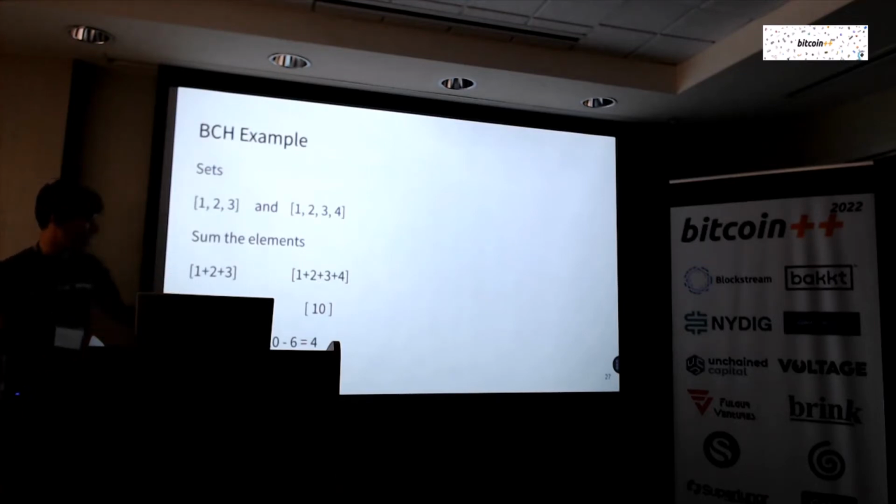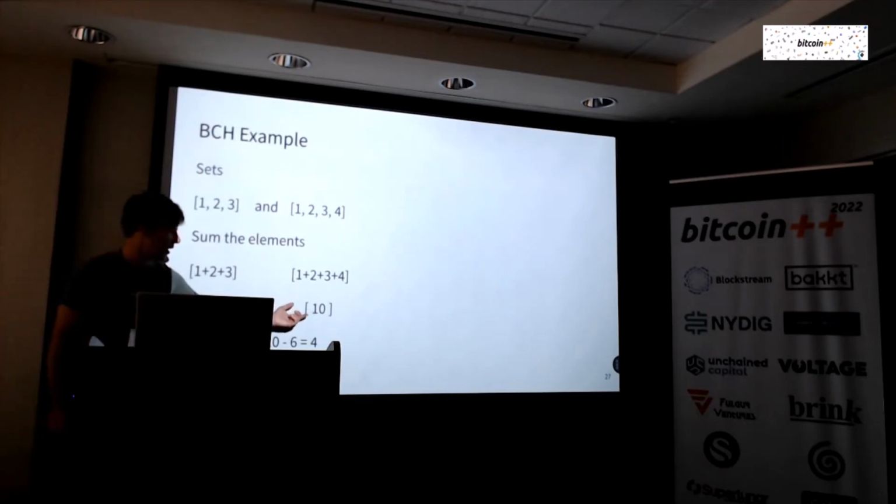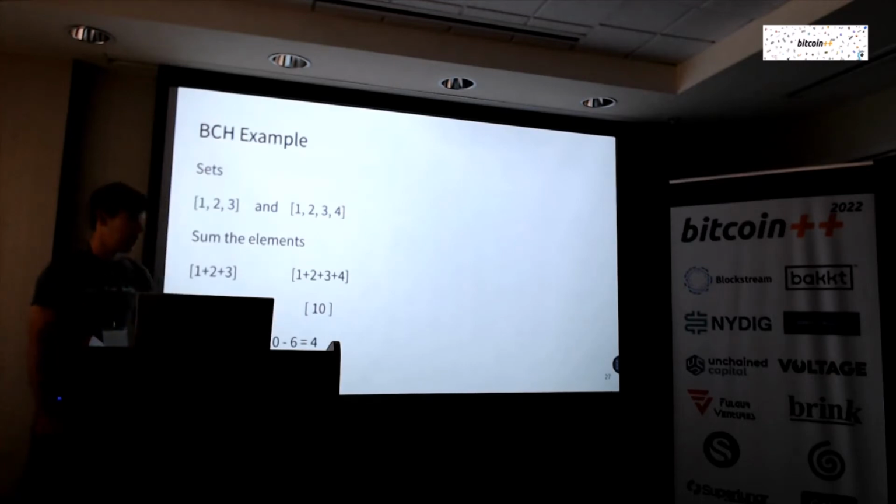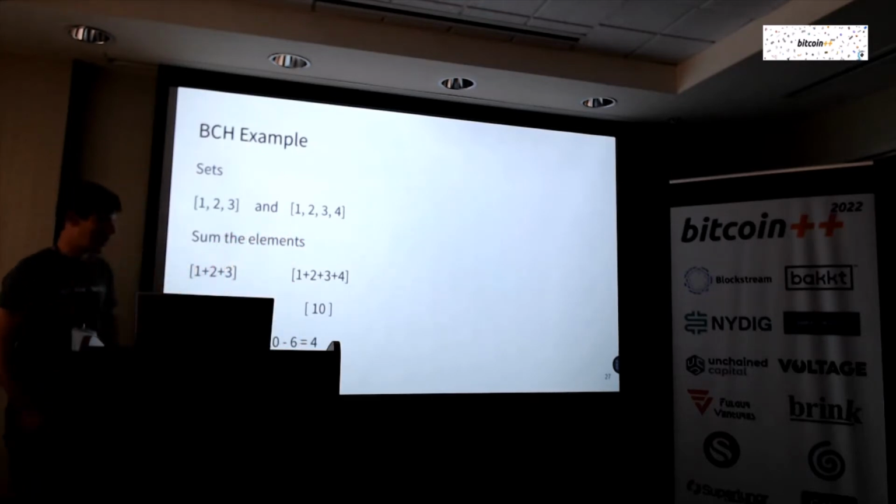So here we've got 6 and 10, and we want to transmit, say we're on the left side, we want to transmit to this data set on the right, like, okay, here's my sum, it's 6. We can take the difference, 10 minus 6, and we arrive at 4, which is our missing element.